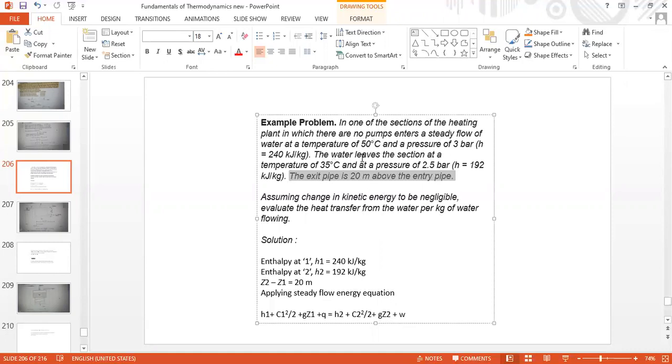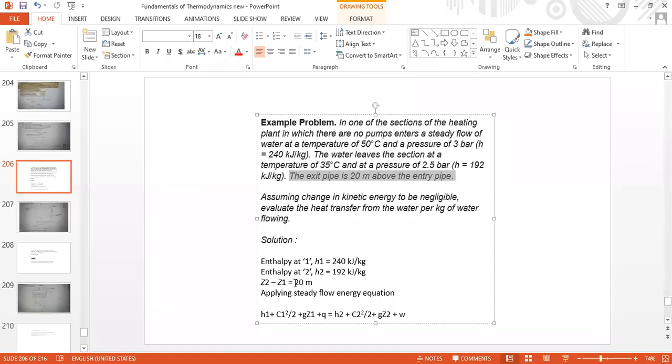Some flow is taking place through a pipe, such that the exit pipe is 20 meters above the entry pipe. So the pipe may be in a slant position like this.